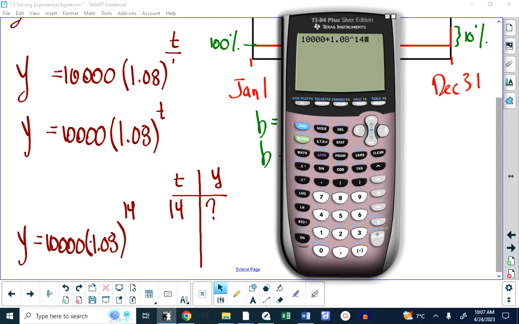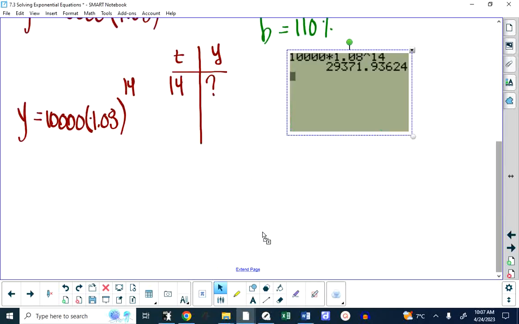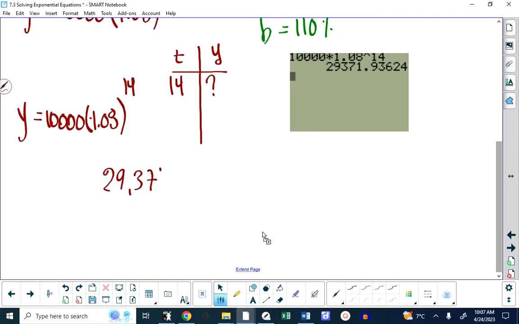Raised to the 14. $29,371.94. That's the amount of money in the account after 14 years. And by the way, 8% interest.